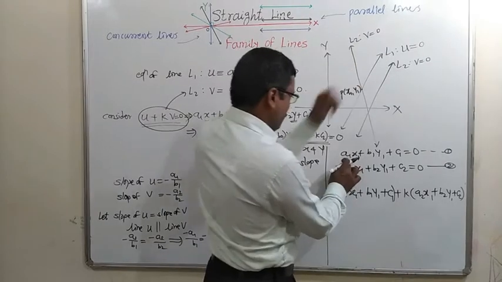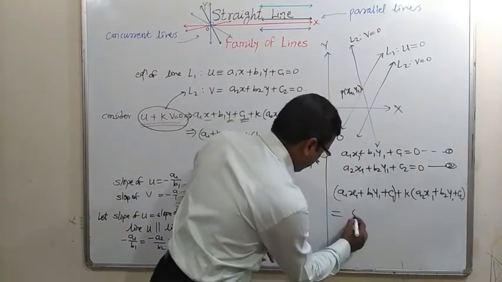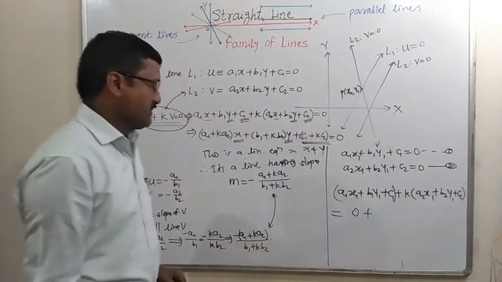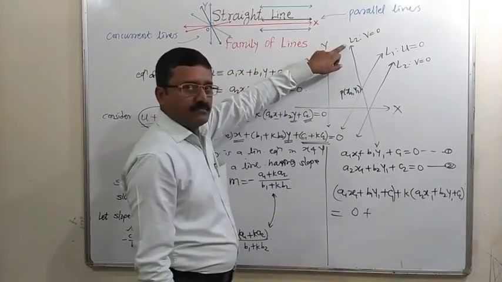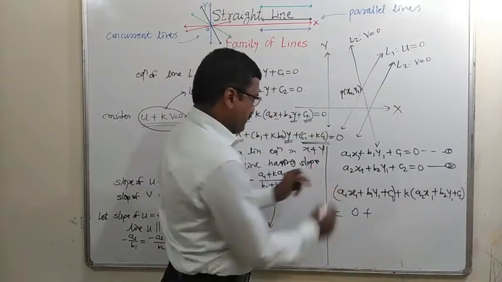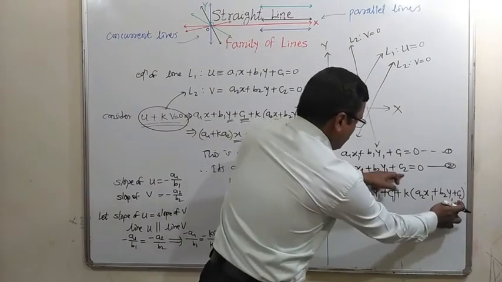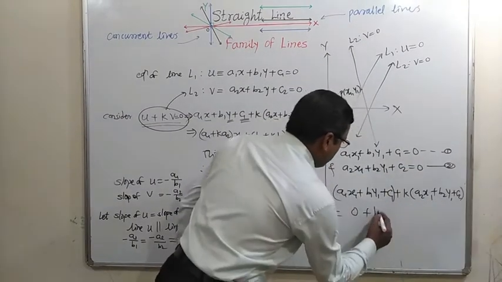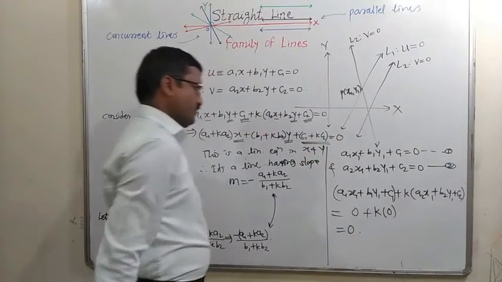So the value of a1 x1 plus b1 y1 plus c1 is equal to 0. So you get this as 0. Plus this point P(x1, y1) lies on line L2, so this point also satisfies this equation. Therefore, a2 x1 plus b2 y1 plus c2 is equal to 0. So we get here k into 0. Now obviously it is equal to 0.